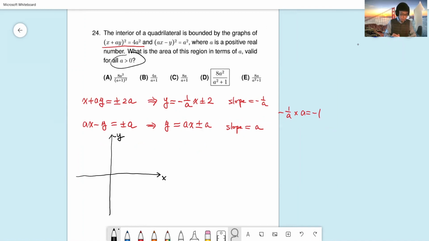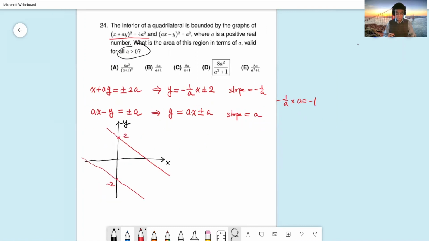So basically, we have a line something like this. This y-intercept is 2. The other one with y-intercept negative 2. This is negative 2. This is the first two lines.